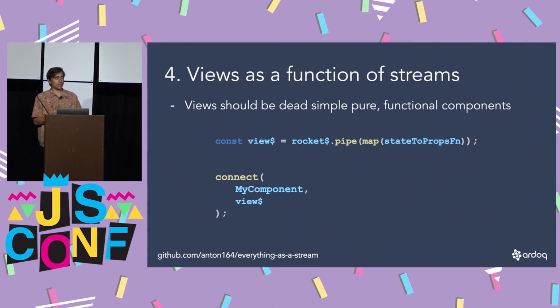We've created a connect utility function, which works very similar to connect in React Redux. Essentially, it subscribes to a stream when the view is mounted, and then unsubscribes when it's unmounted, so that the view updates whenever the view stream updates.